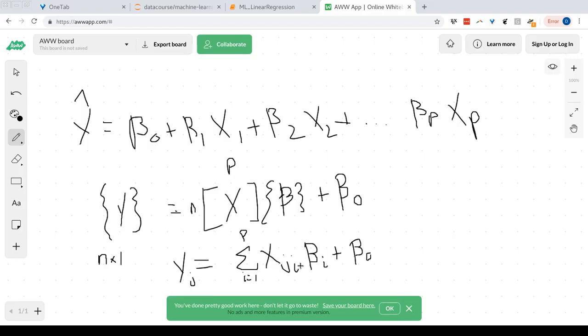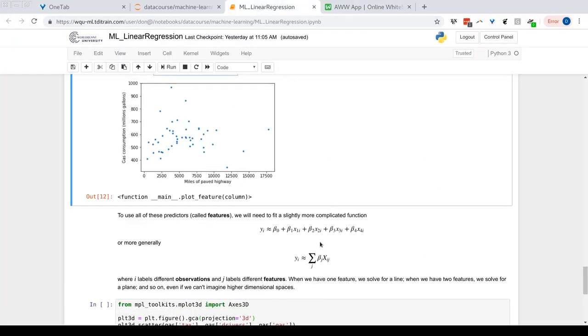Since i is repeated on both variables, they can omit the summation sign. It's understood you're summing over that index. I'll put y hat here to indicate that this is a predicted value. Now our task is, what should be the beta coefficient values for each feature?